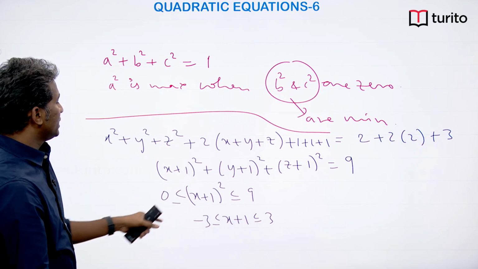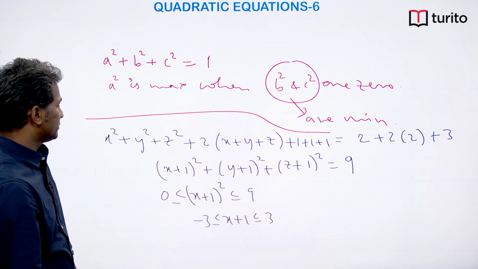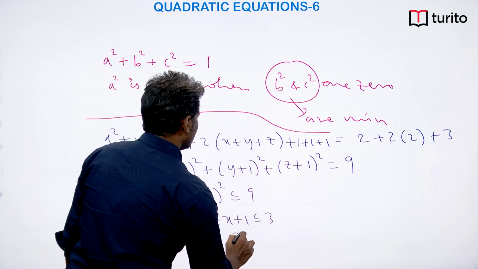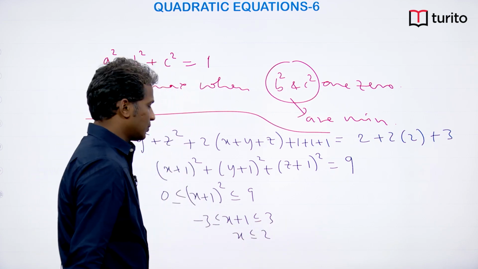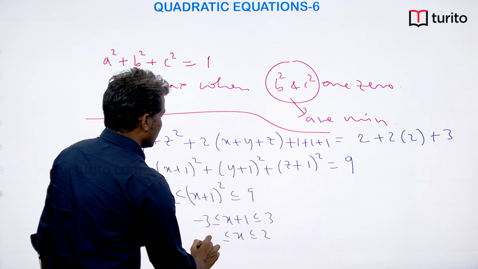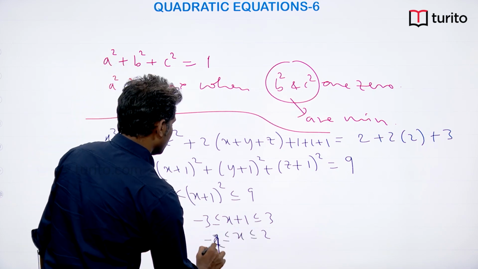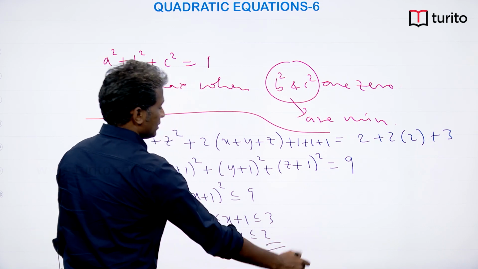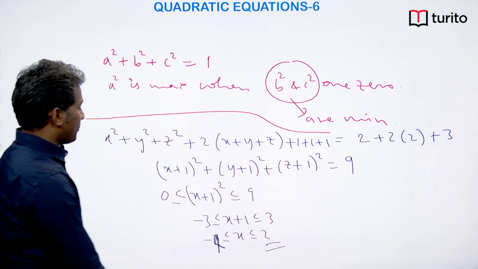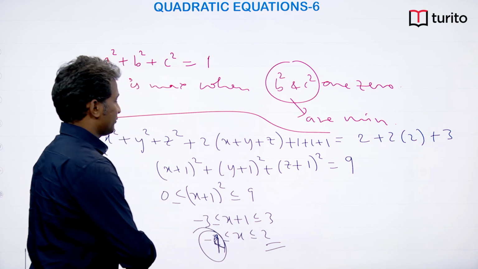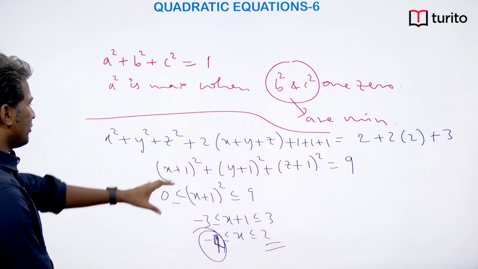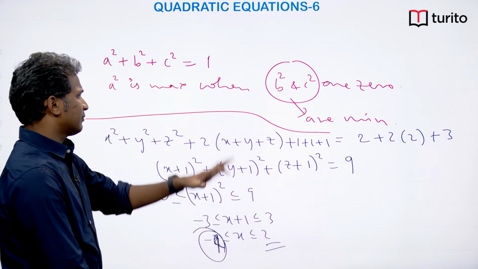Now if I subtract 1 from here, x must be less than or equal to 2 and greater than or equal to minus 4. So here we are getting the highest value to be 2 and the lowest value to be minus 4. So this way also we can proceed with the question.